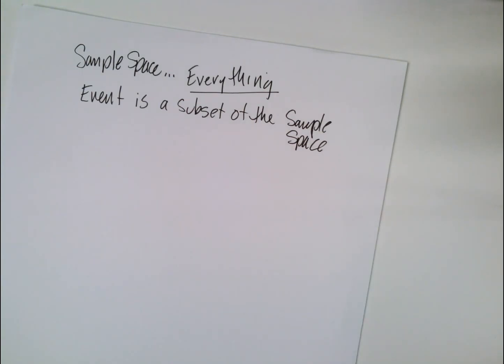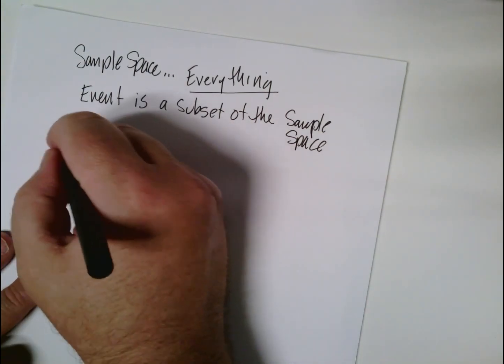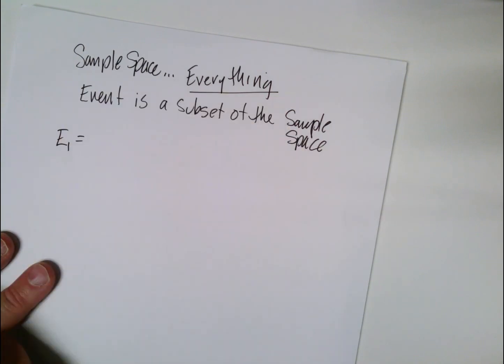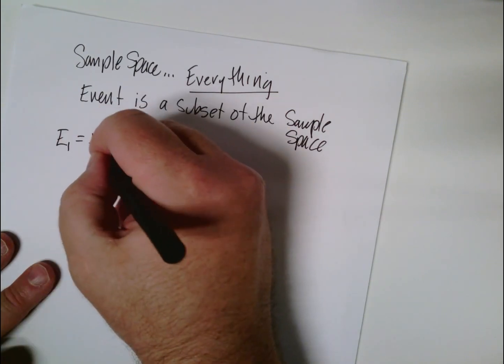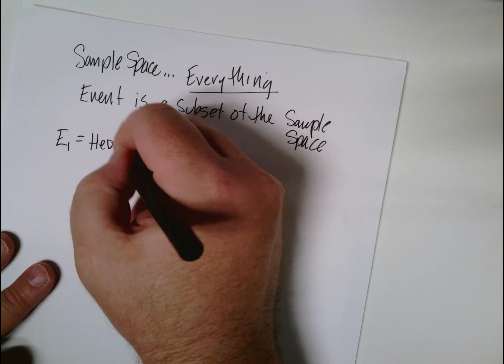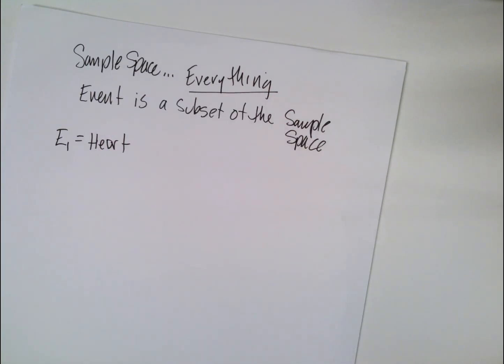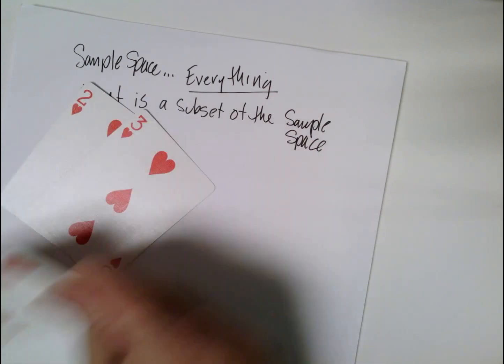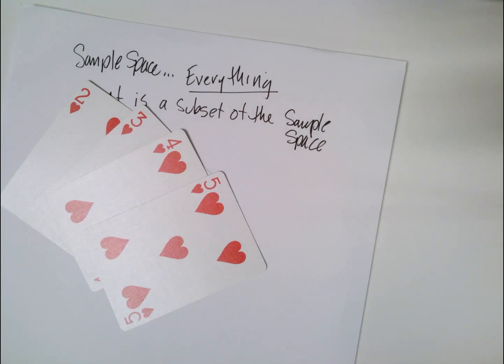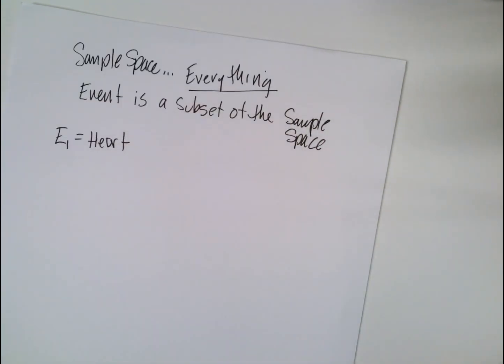Okay? So let's say our first event is that it's a heart. 2, 3, 4, 5. That's our event. Okay? That's the first event.